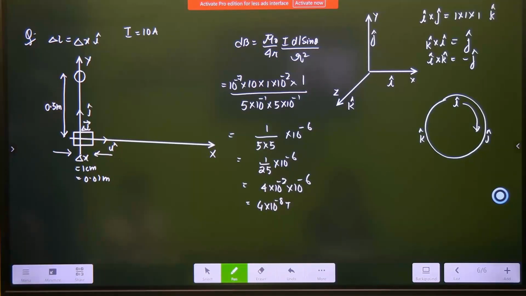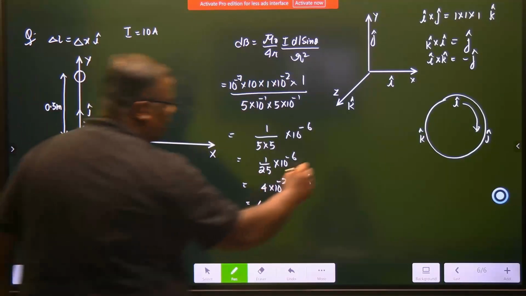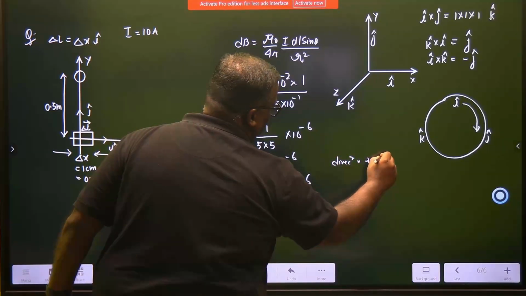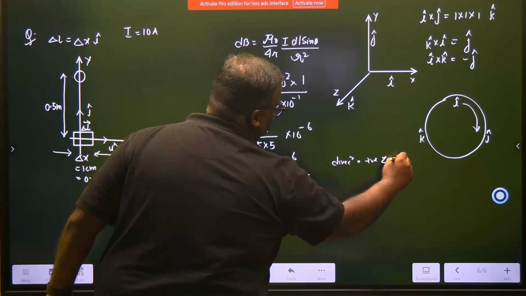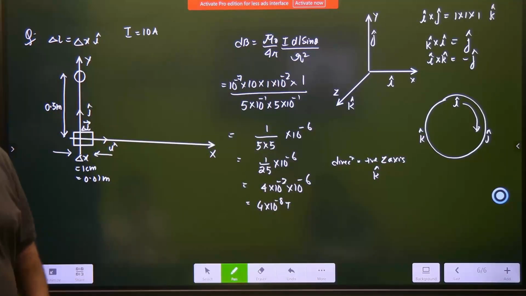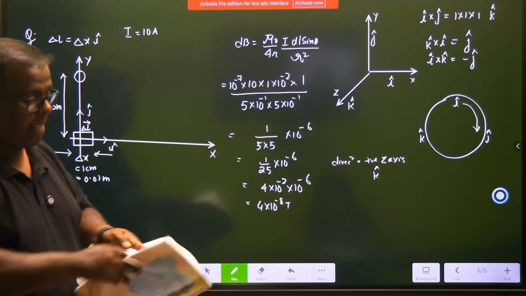It is dl cross r. Means I cross j. I cross j is what? K. So that means the direction is along the positive z axis, or you can say k cap. This is how we find it out. Positive z axis, which is k cap.